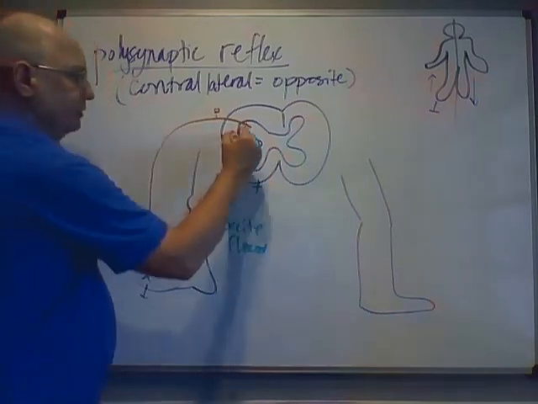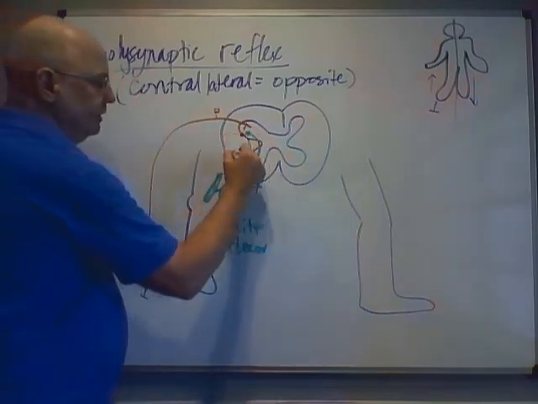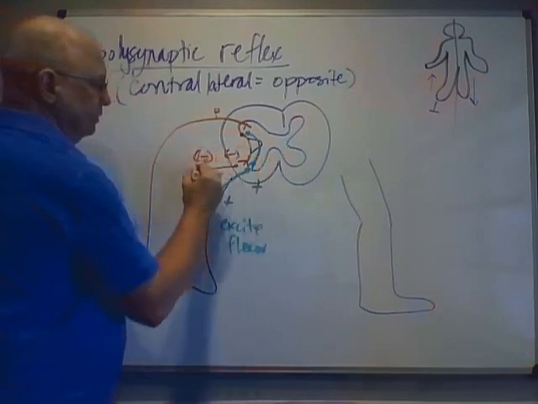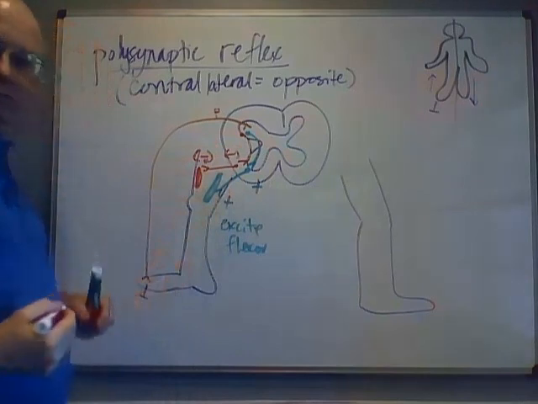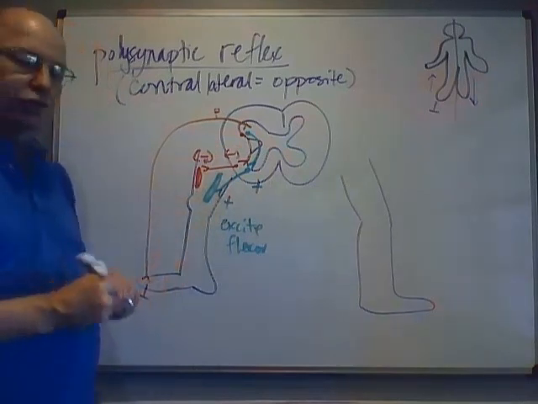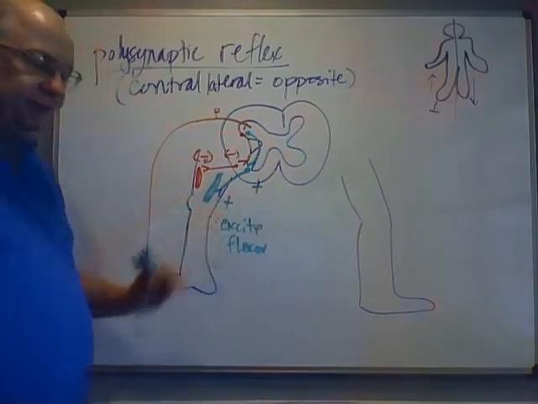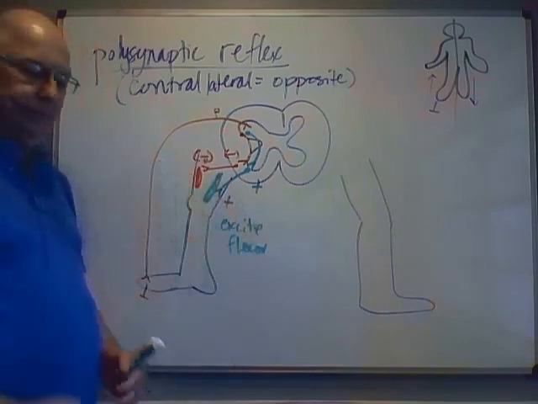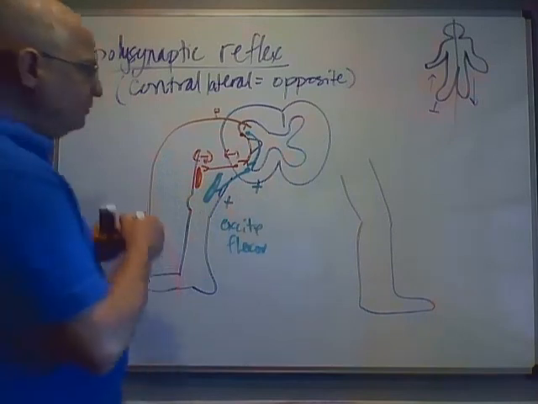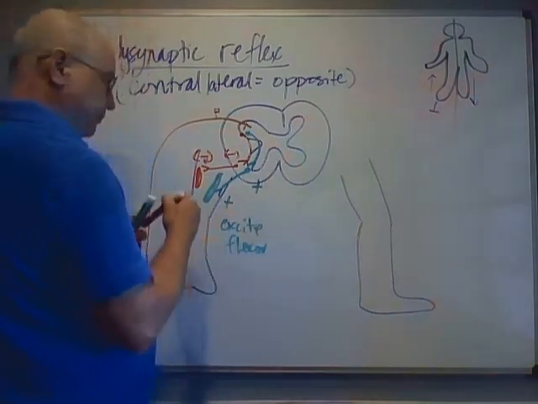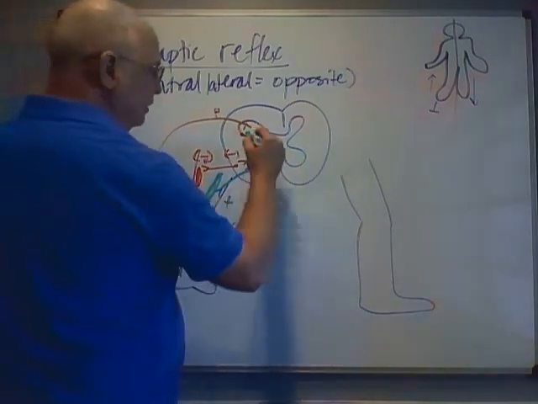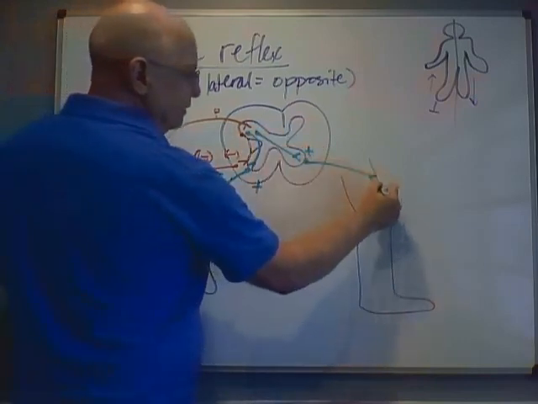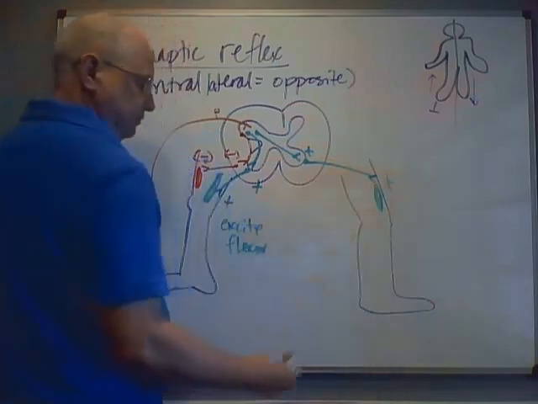That means I'm also going to have to inhibit the extensor muscles. So on the same side of the damage, I get the flexor reflex. I excite the flexors, I inhibit the extensors. Okay? But on the opposite side of the body, I'm going to have to do this. I'm going to excite the extensor muscles.